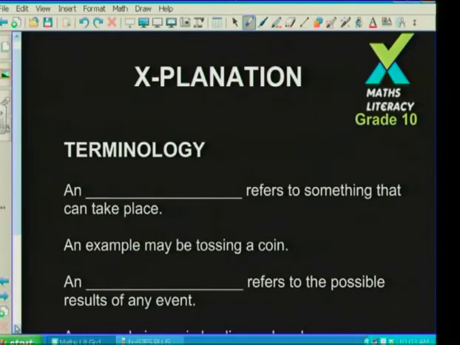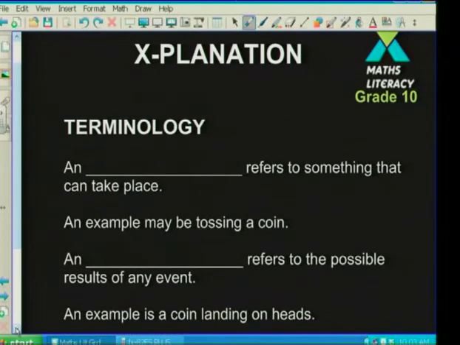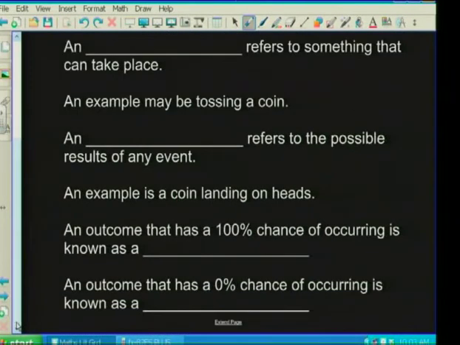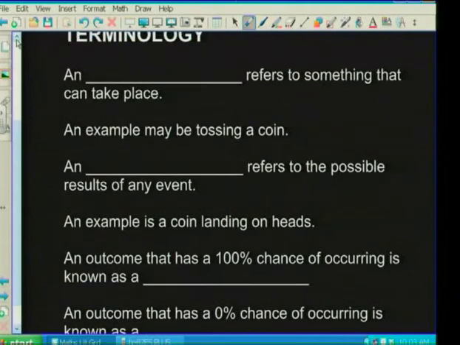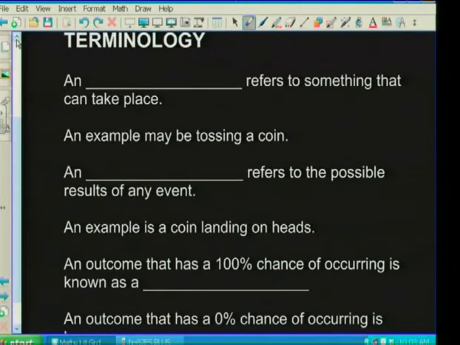Right, so let's have a quick look at some terminology now. There are words that you're often going to hear when being taught about probability. And the first one is the word an event. Now it says here, an event refers to something that can take place. Well, I'm sure you've heard this word in English before. An event can be anything that happens.